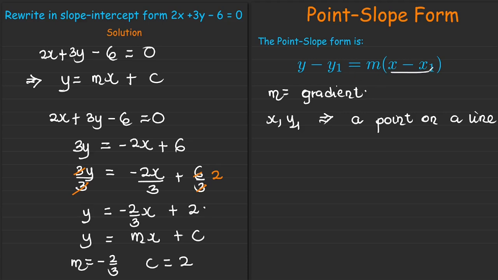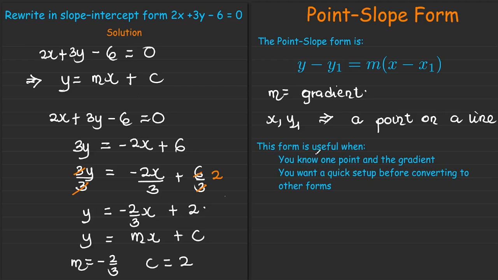So the equation of the line you can write is what we call the point slope form. You have the point, that is the x1, y1, and you also have the slope. So we say this form is useful when you know one point and the gradient, just as I've explained. And secondly, it is useful when you want a quick setup before converting to other forms.